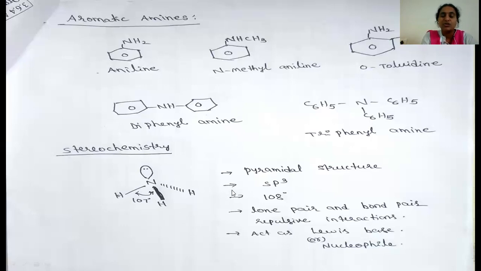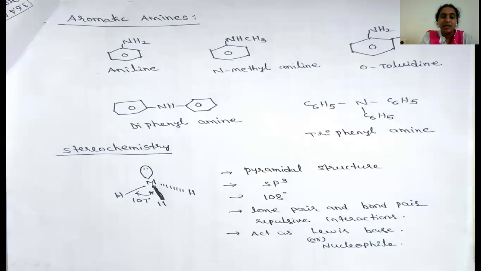The bond angle should be 109 degrees, but because of the repulsions between the lone pair of electrons and the bonding pairs of electrons, instead of the tetrahedral geometry it shows a pyramidal geometry, and the bond angle is also reduced, that is, the bond angle is 107 degrees.